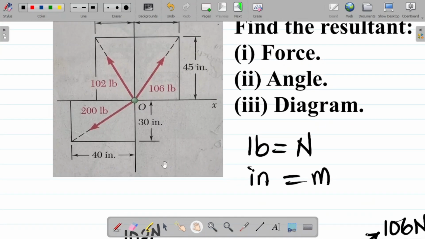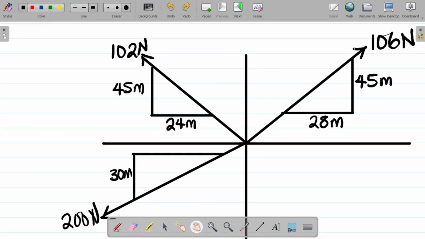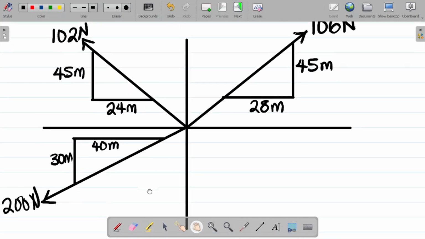We have the horizontal part, from here to here, and the value there is 40 inches, or 40 meters. So the horizontal part is actually 40 meters. Let me write it below this.